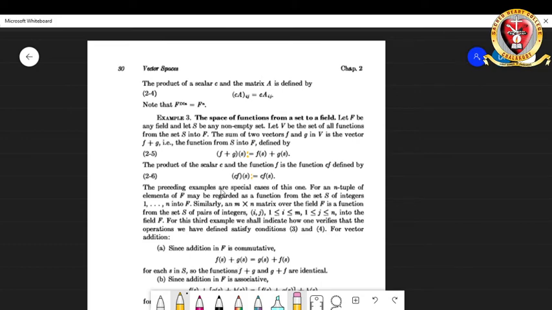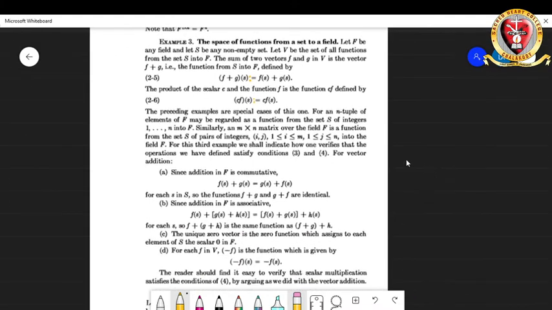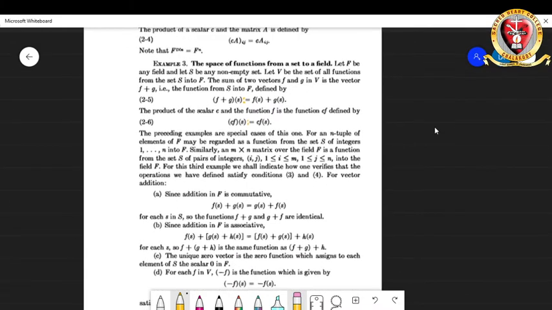So first, we define the addition. We have to see if it is commutative. Definitely it is commutative because the field is F and S is the set, and V is the set of all functions. So what is V?